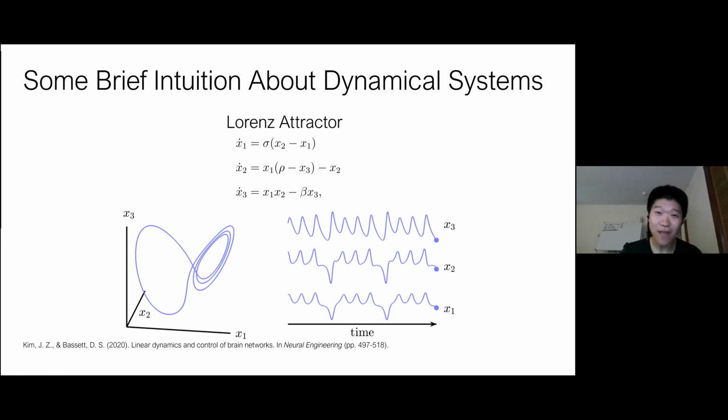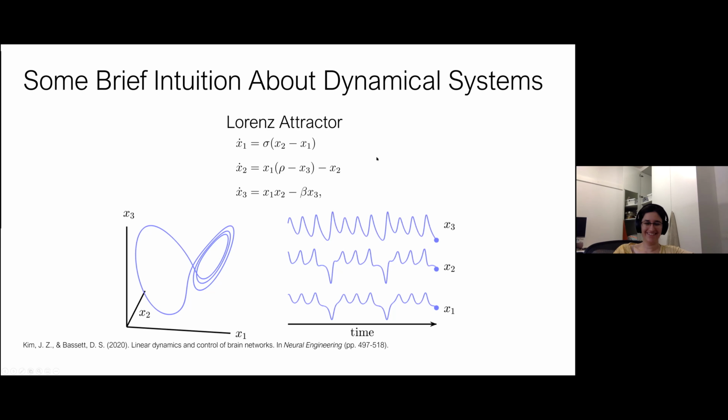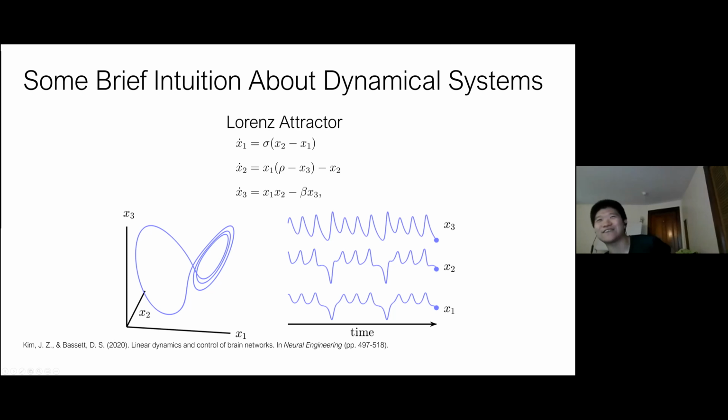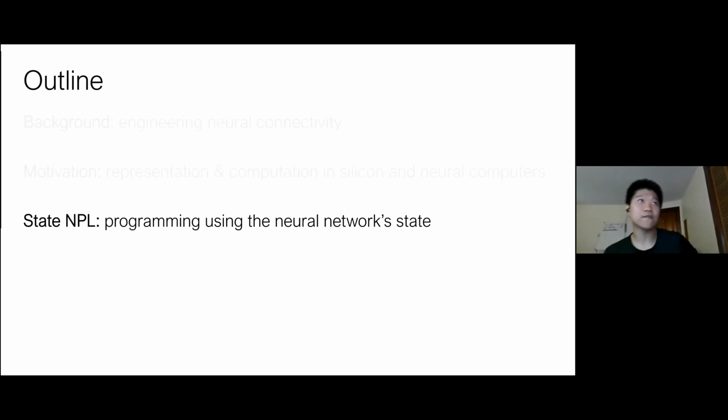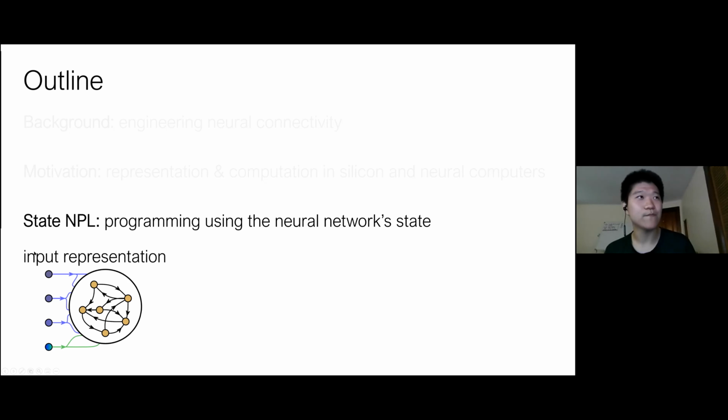I am by no means an expert in the intense study of attractors and dimensionalities. So I'll talk first about state neural programming languages, and this is programming using the neural network's state, and this is going to have 3 easy steps. The first step is to understand how the inputs into our neural network are represented in the neural states.